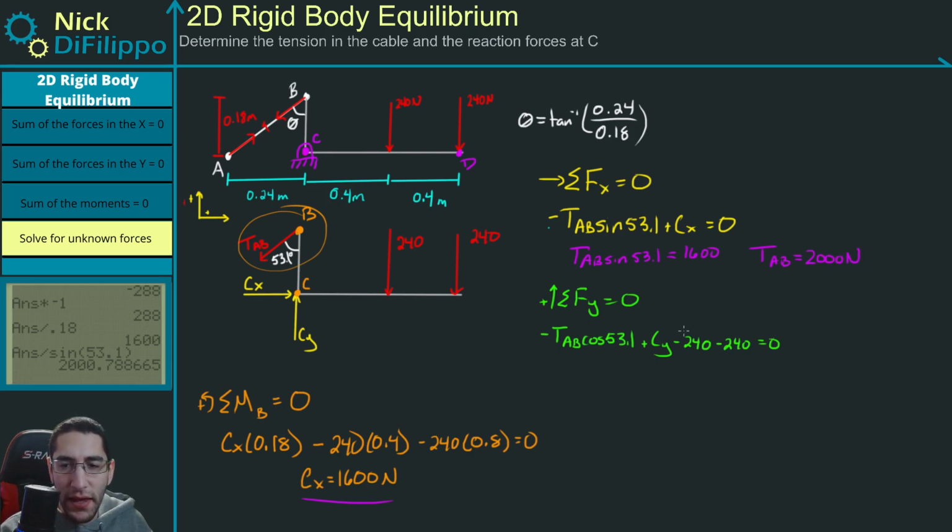Okay, and then we can solve for Cy. We can take this Cy and we can equal this to TAB times the cosine of 53.1 plus 240 plus 240. And we know what TAB is. TAB right here is going to be 2,000.